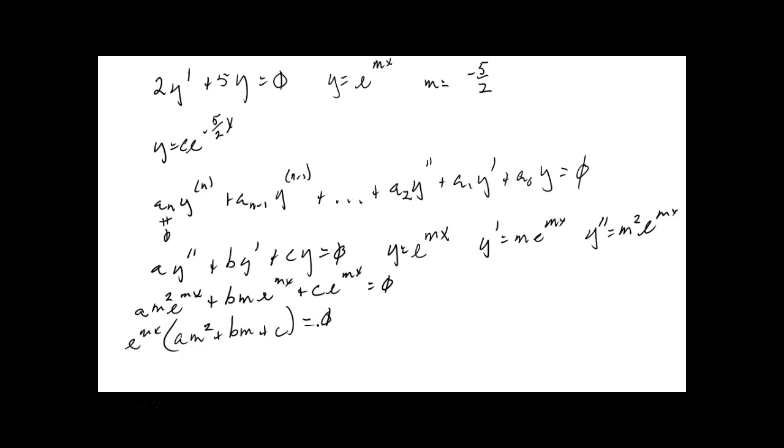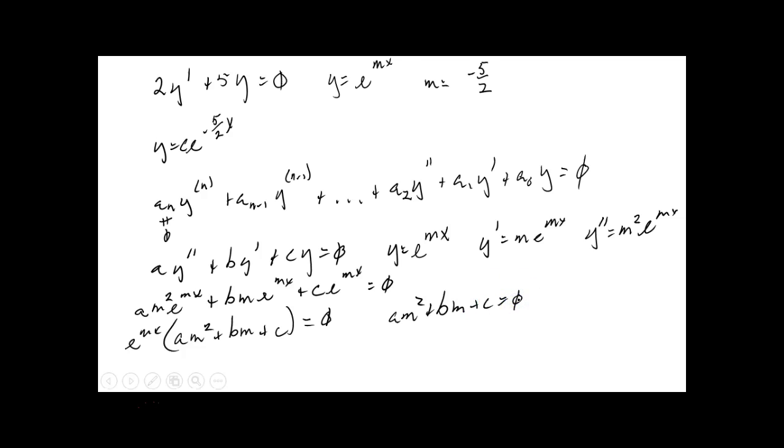And again we say, can e to the mx ever be 0? No. e is always positive. It's never 0. So therefore, it concludes that a m squared plus b m plus c has to equal 0.